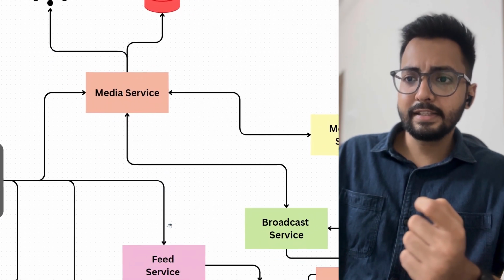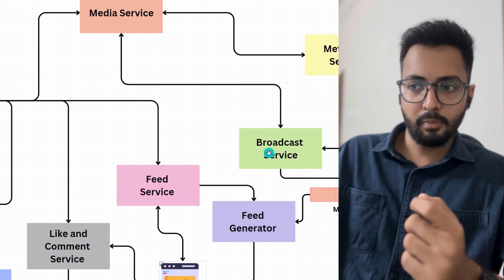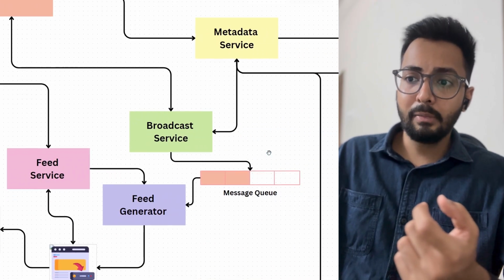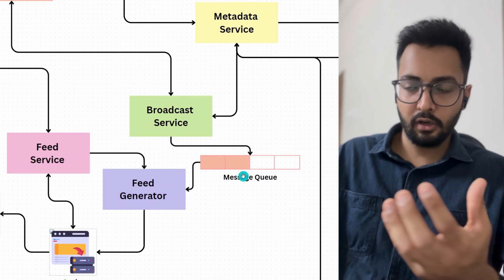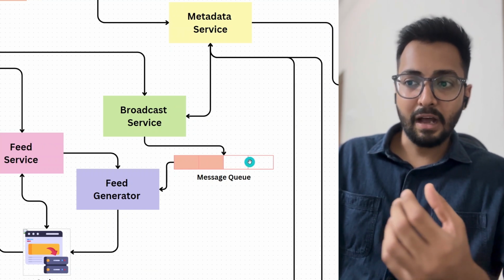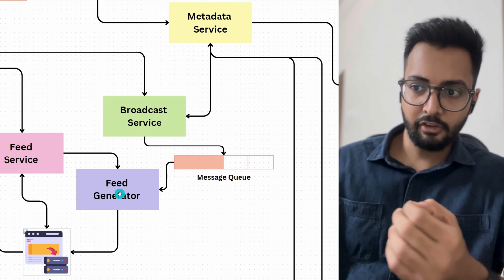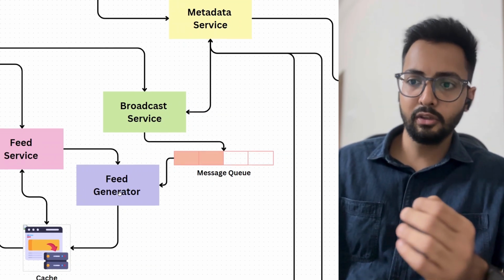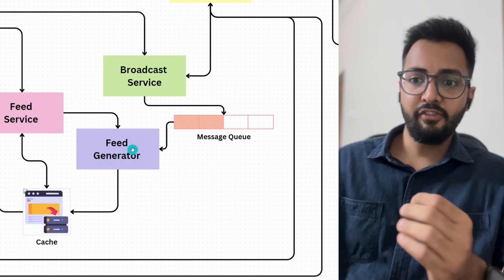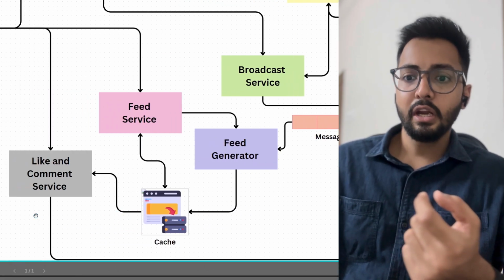Then the broadcast service is called, where all my followers would be fetched, and those records would be passed further to a message queue, and that information from the message queue would generate a feed through the feed generator, and the feed generator would then populate that generated data in cache.